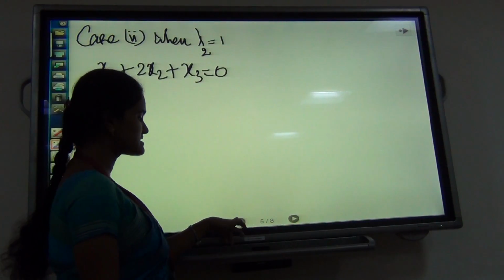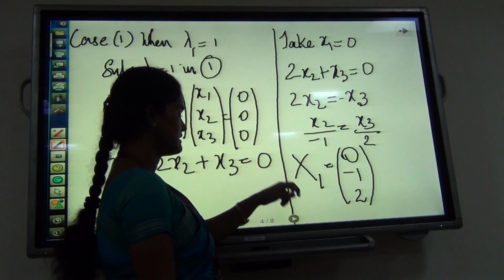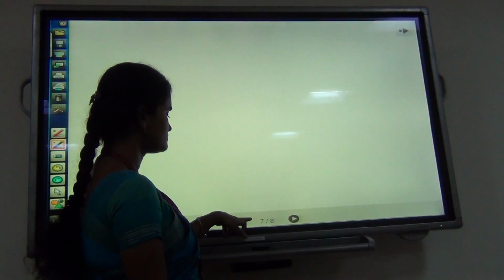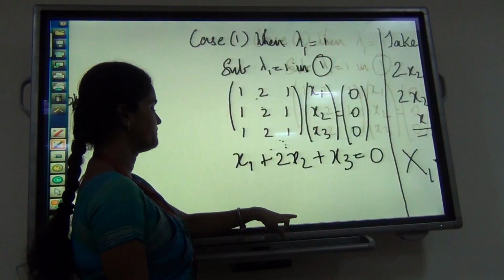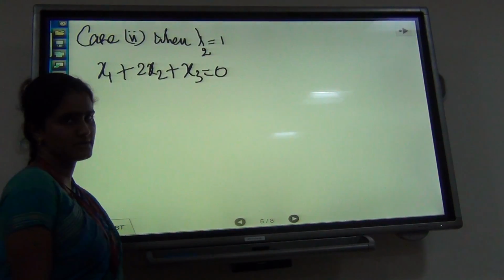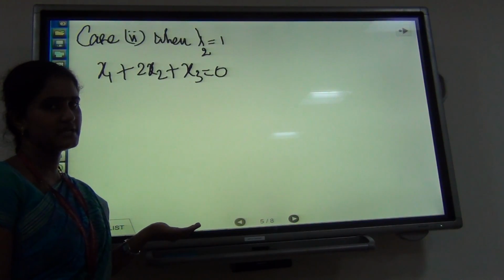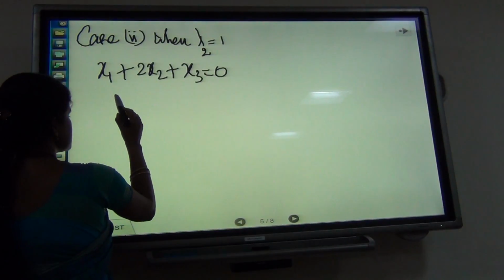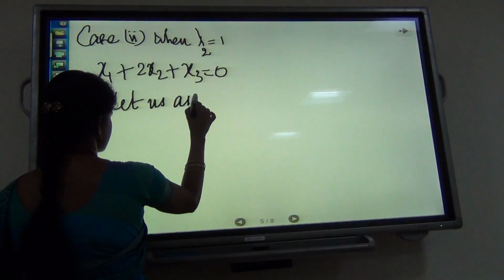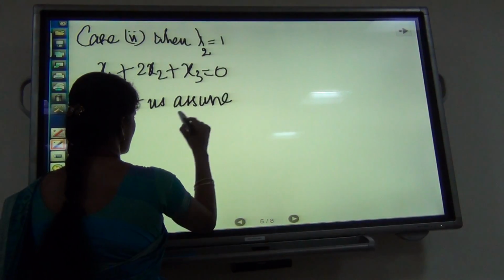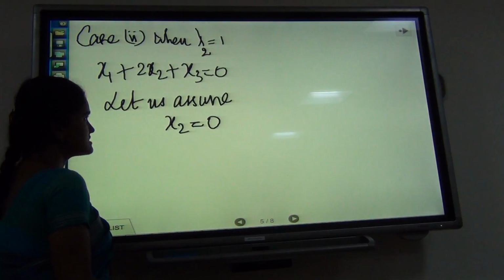What we discussed in the previous case: we randomly assumed x1 as 0. Here we can assume x3 as 0 or x2 as 0. The earlier one we already assumed x1 as 0, so we cannot repeat it. Therefore, let us take x2 as 0, or you can even take x3 as 0.